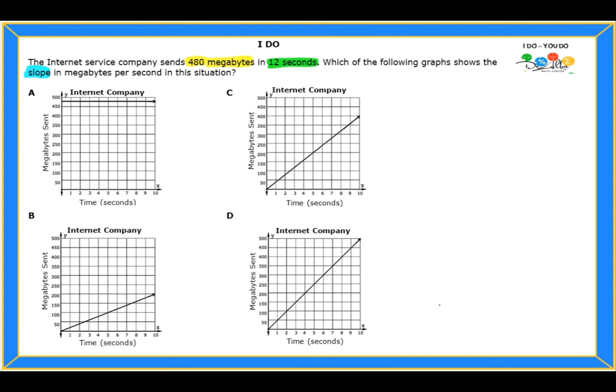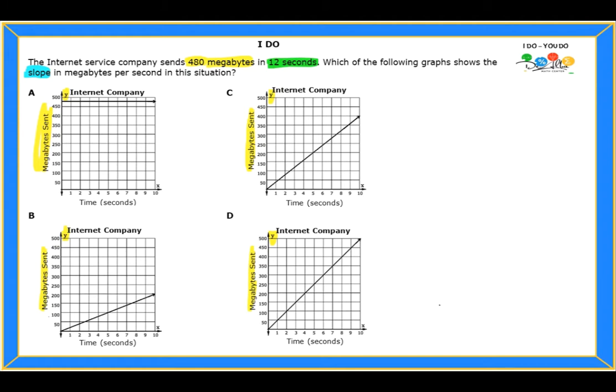So for example, megabytes, where do you find the megabytes? Well, megabytes are right here, which is my Y axis. Is that right? And notice how every one of my graphs has the same thing on the Y, right? Which is good.